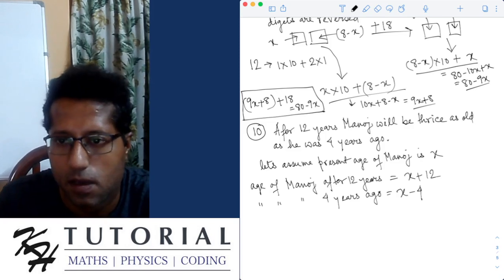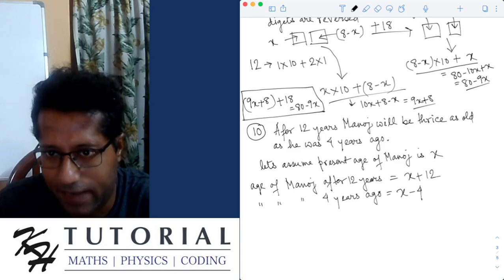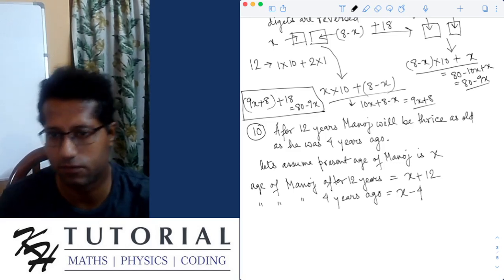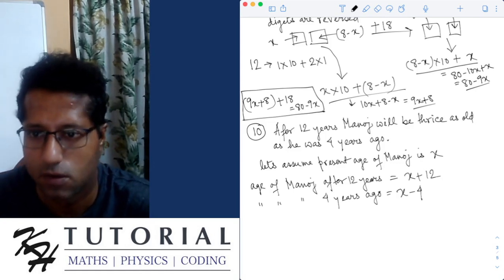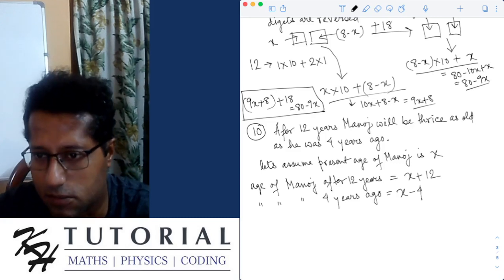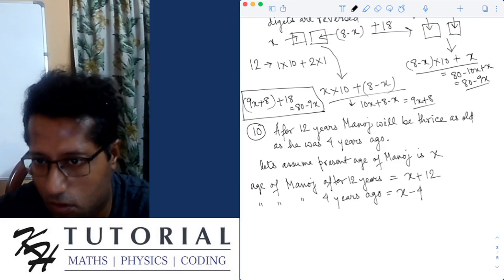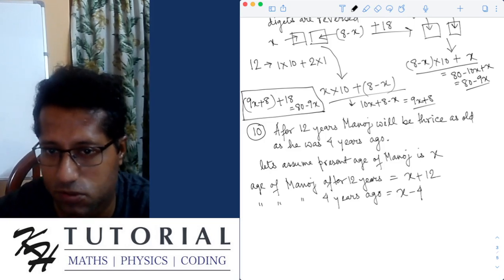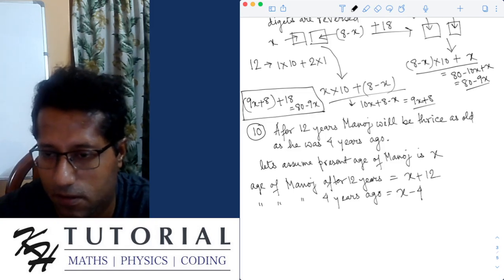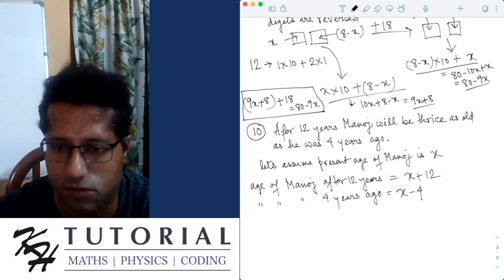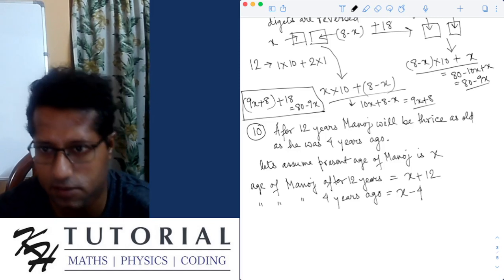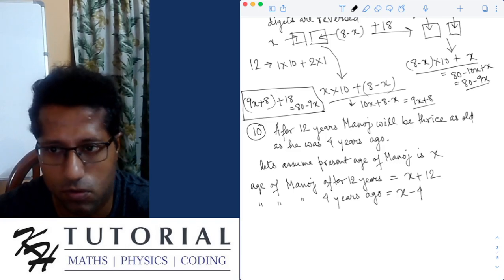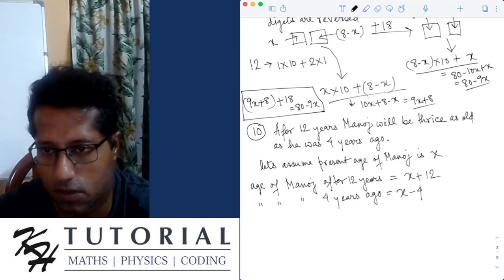Now we will talk in terms of the algebraic expressions we have formed. So after 12 years Manoj's age is x plus 12, and 4 years ago he was x minus 4. As per the word statement, x plus 12 should be thrice x minus 4, because the word statement says after 12 years Manoj will be thrice as old as he was 4 years ago.